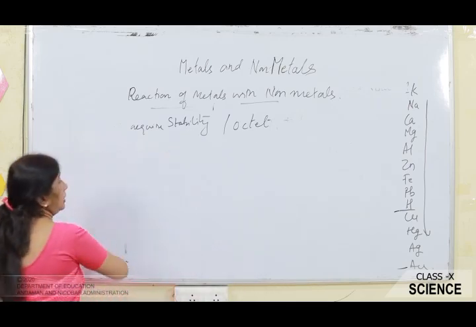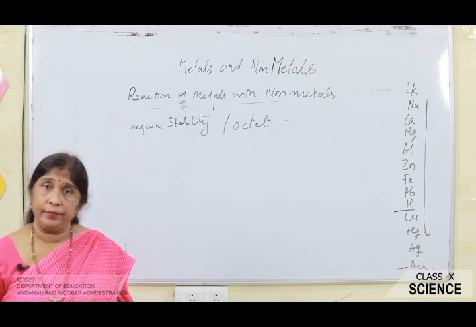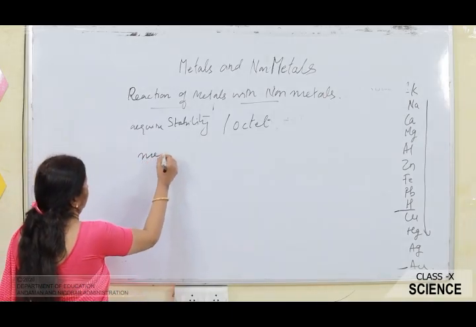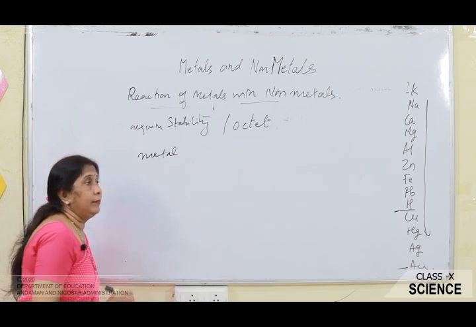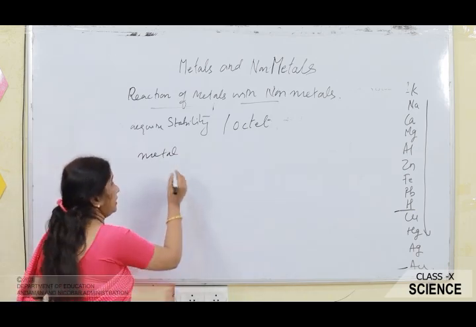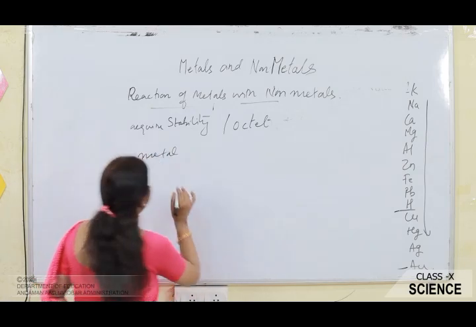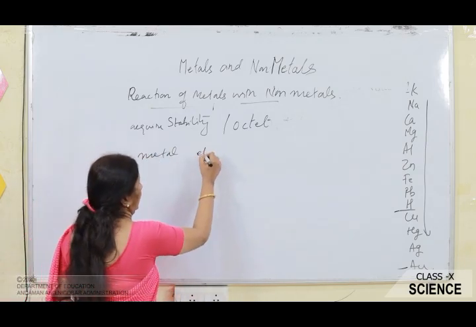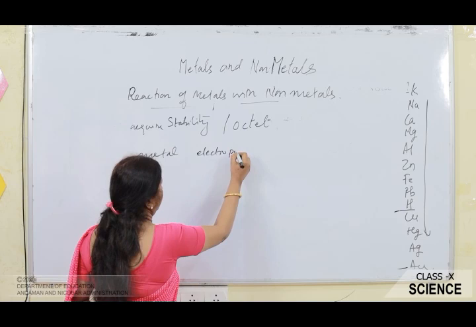Now how does the transfer of electrons take place? Metals have a tendency to lose electrons, which is why metals are electropositive in nature.